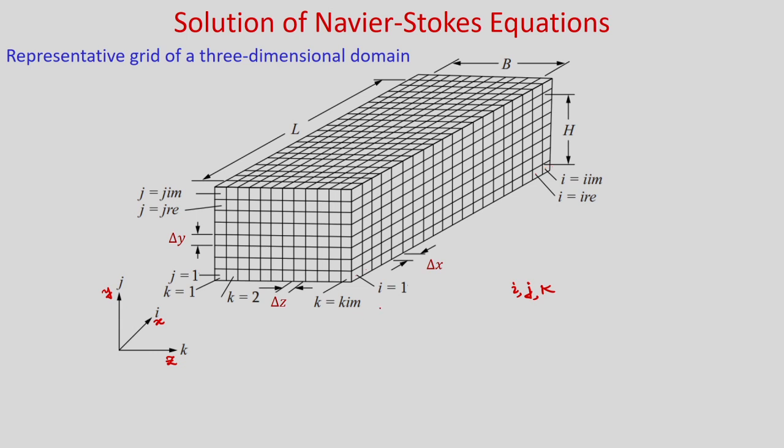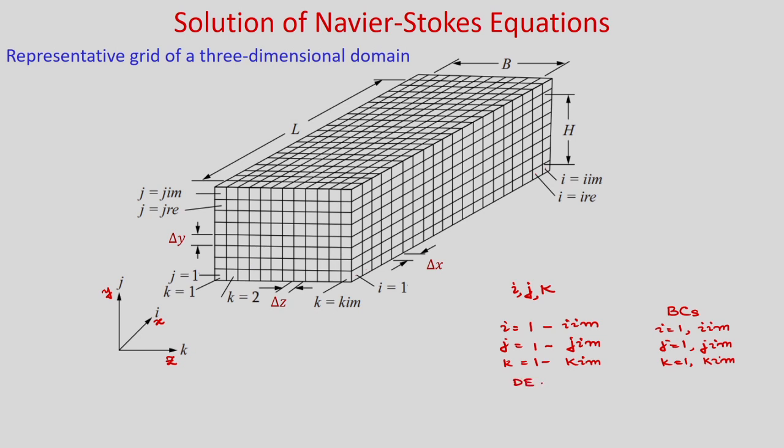So you can see your grid is varying from i 1 to iim, j 1 to jim and k 1 to kim, and boundary conditions will be applied at i equal to 1 and iim, j equal to 1 and jim, k equal to 1 and kim, and the discretized equation we will solve in the interior domain.